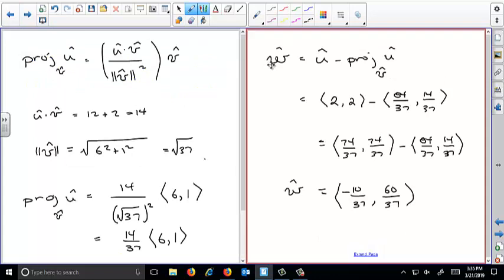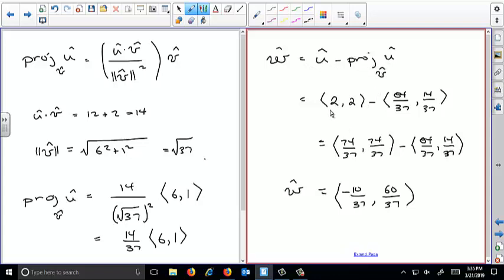Now to find w, which is the component of u that's perpendicular to the direction of v, all you have to do is take vector u and subtract the projection of u in the direction of v.